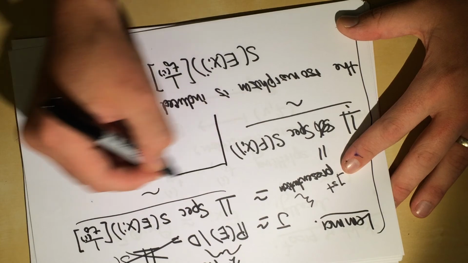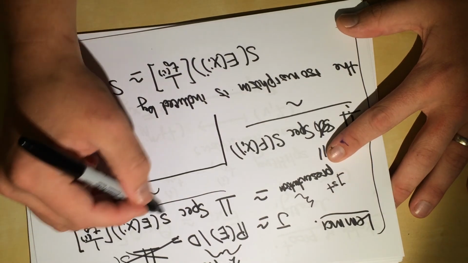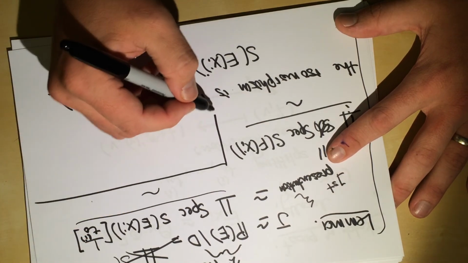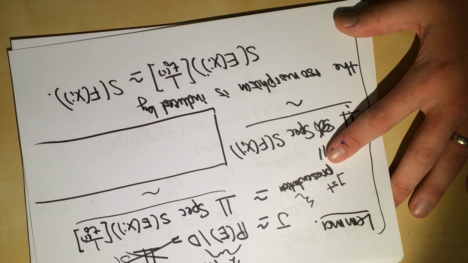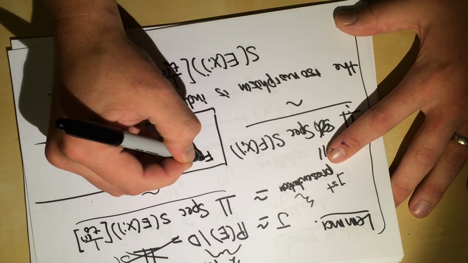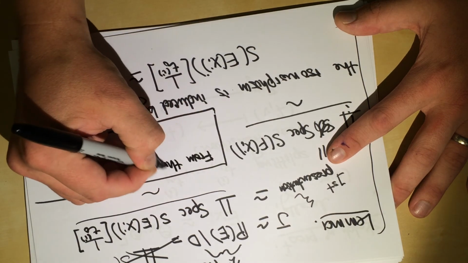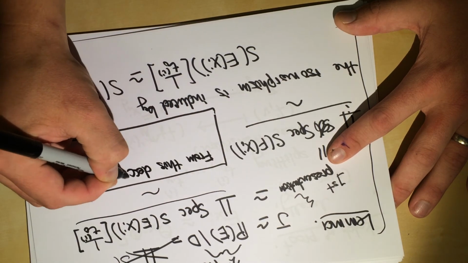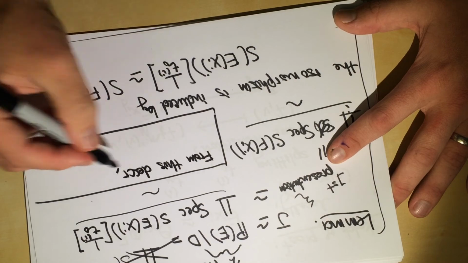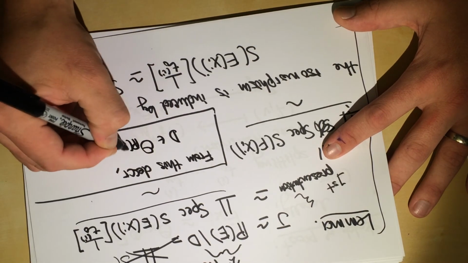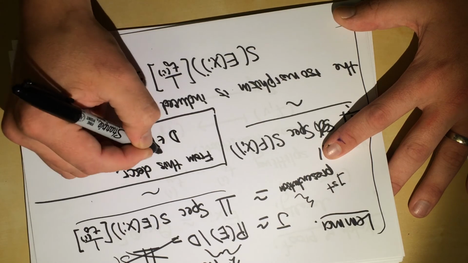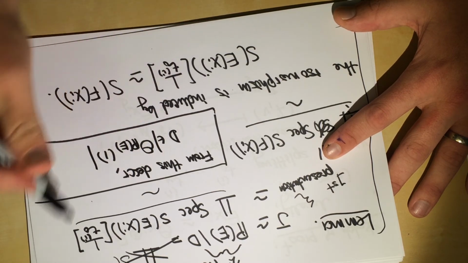So it's clear that what we're doing is we're localizing at a hyperplane section. So from this description, we have that D is in O PE 1. So this is this linear system series here.